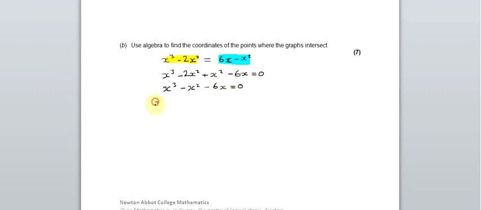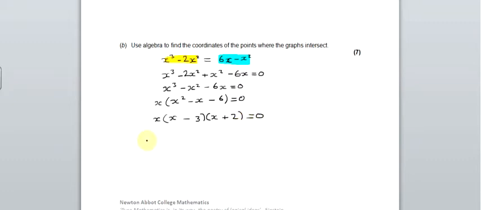Now we take x out of it, common factor here. x squared minus x minus 6 equals 0. And obviously we can factorise this, or I say obviously, hopefully we can factorise it. So there's the x, and put the x there, and it's going to be minus 3 and plus 2.